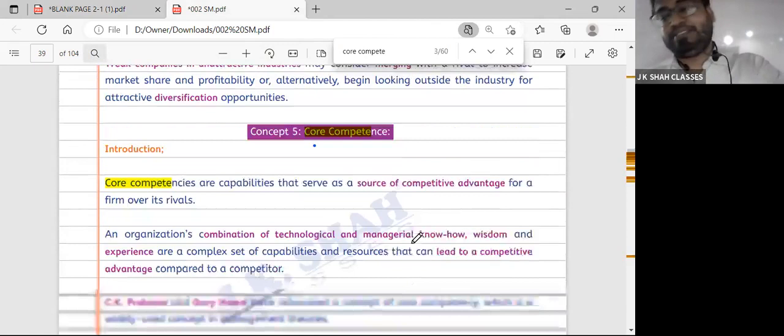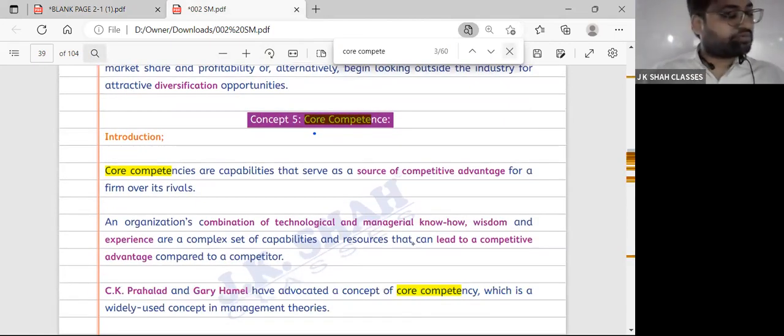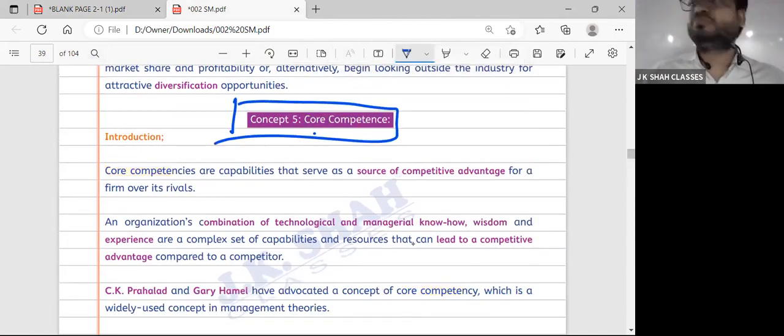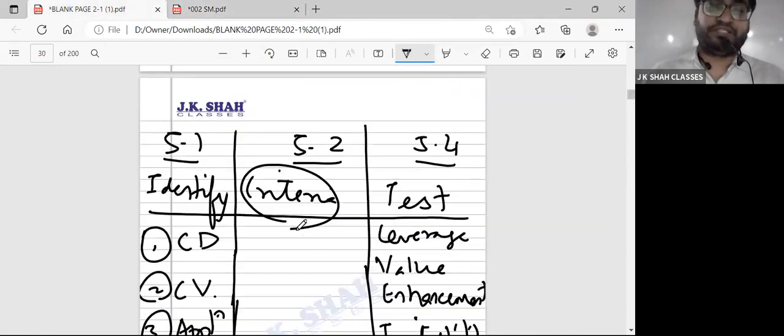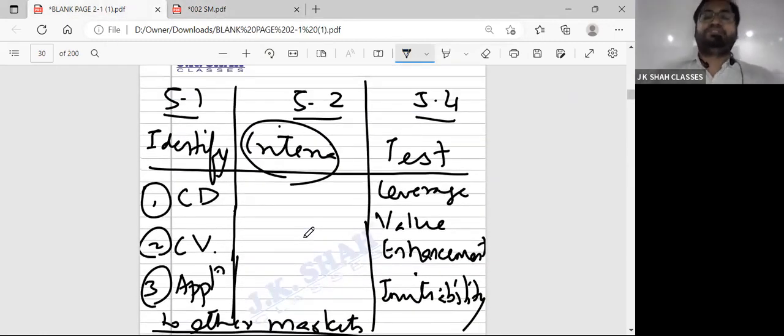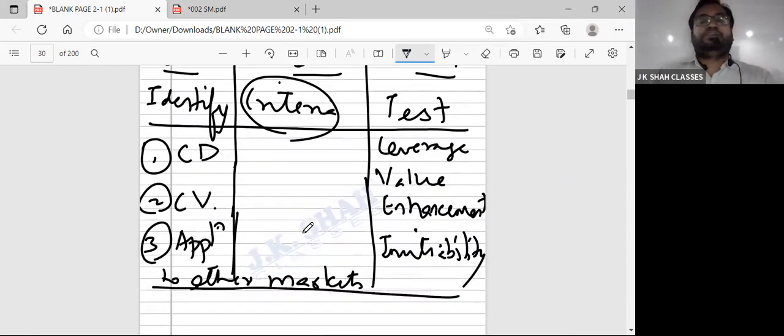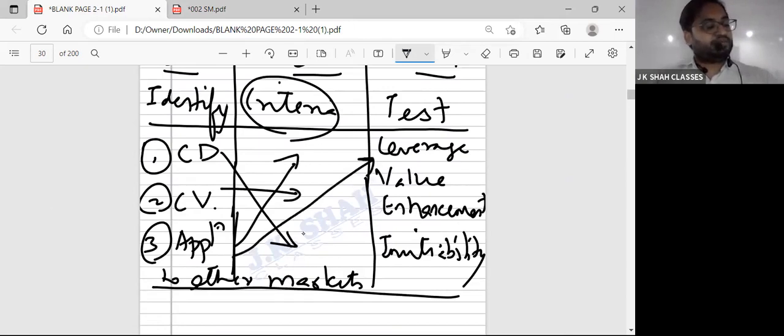Core competence. You did not copy this. Okay, copy this. Put these as arrows. It will help you. Put this as well.